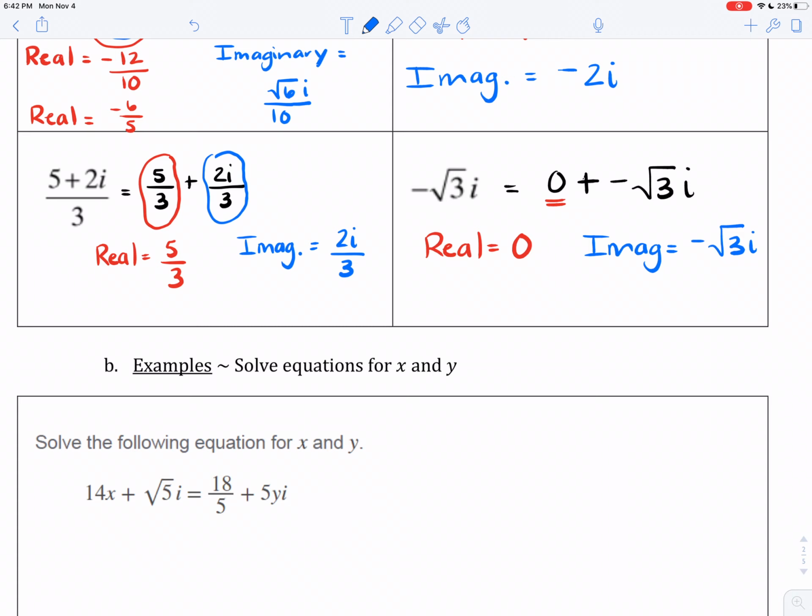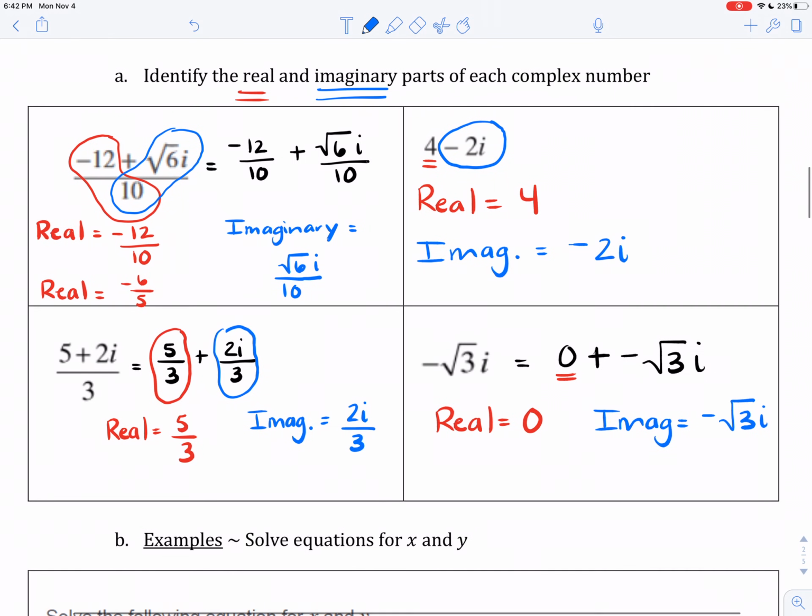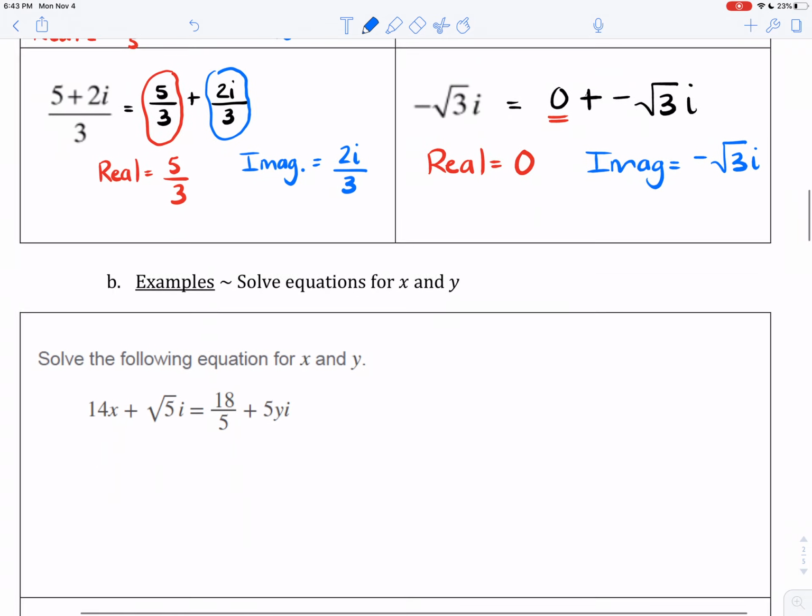Now, once you can identify the real part and the imaginary part of a complex number, you can use this to solve equations. All you do is keep in mind that if two complex numbers are equal to each other, then their real parts must be equal and their imaginary parts must be equal.